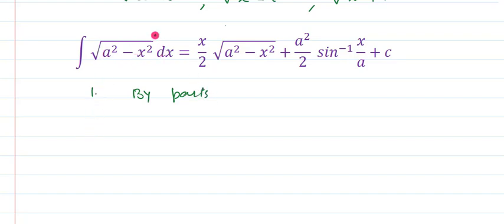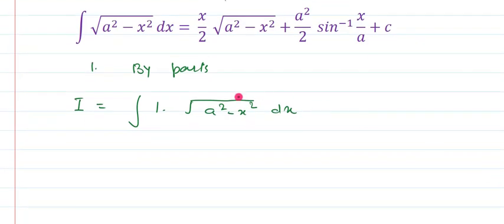As this is only one function, we need to take 1 with it. So I is equal to integration of 1 into square root of a square minus x square dx. Clearly, this is the first function and 1 is the second function, because we can't take 1 as the first function, since after derivative it will be 0 and we can't go ahead.